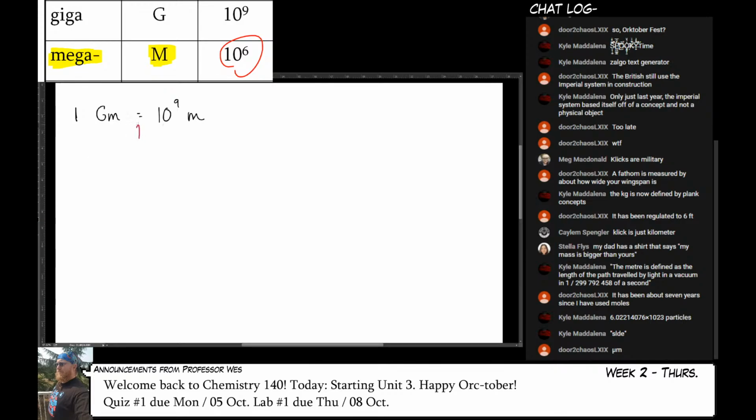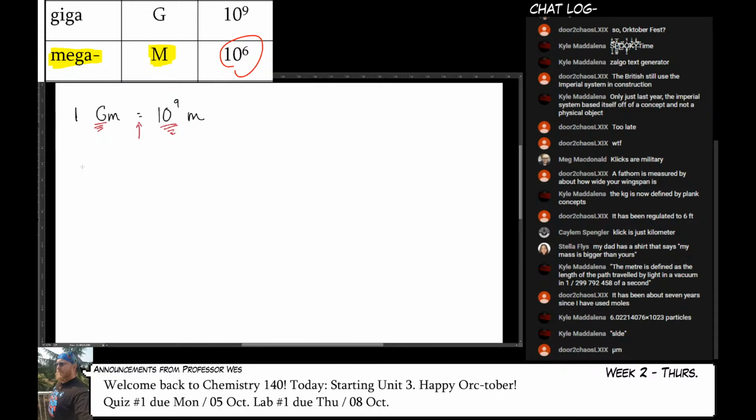But like any equality, I have an equal sign here, which means that both sides have to be the same value, right? Here is one half of the equation, and here's the other. Those two things mean the same value. So whenever you write a relationship using the terms on these charts, you got to make sure that you put the number on one side and the prefix on the other, okay?